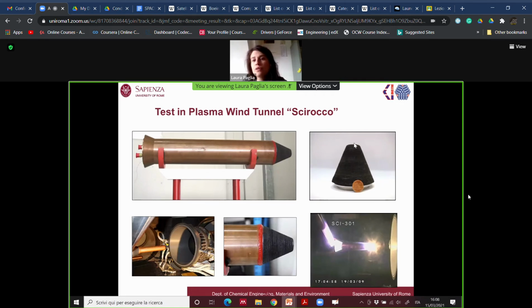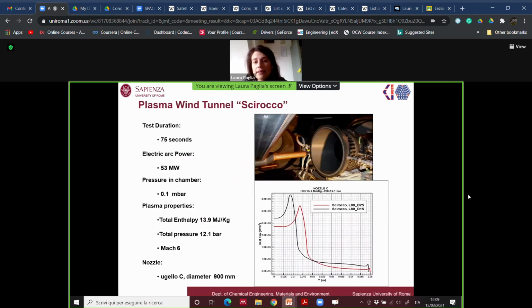So you have to consider this line, the center of the material, this point, this angular point, okay, and then this one. Okay? And this graph represents the trend of the heat flux along the profile of my material, okay?